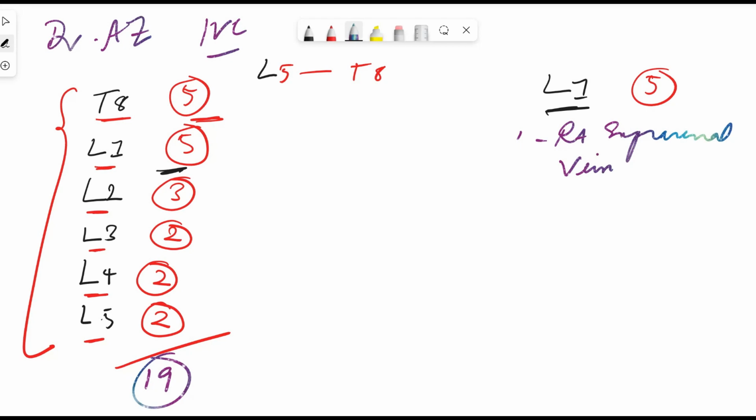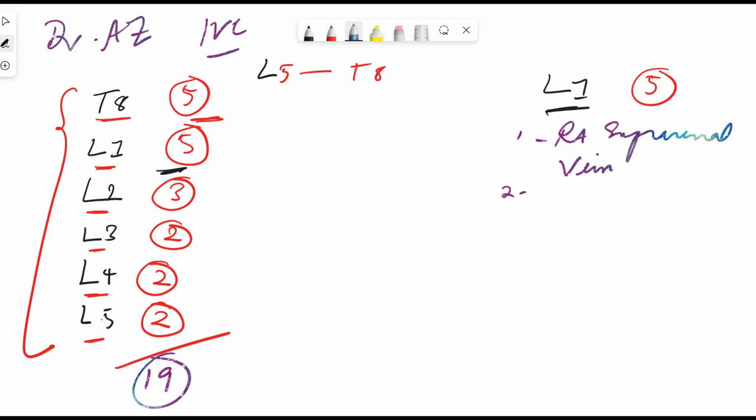As you know, the left suprarenal vein goes to the left renal vein. So we have the right. Always for the inferior vena cava, it is on the right side. If there is some tributary that is not paired, most probably it is on the right side because it is closer. So we have the right suprarenal vein.